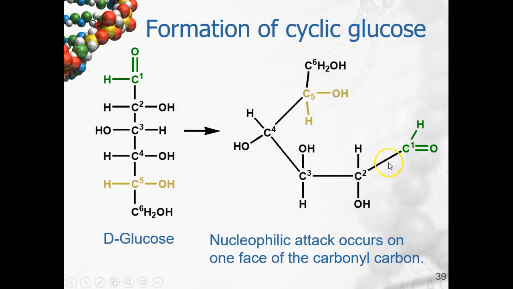So here's carbon number 1, 2, 3, 4, and 5. And what happens next is there will be nucleophilic attack of the OH group on carbon number 5. So the bond is going to form between this oxygen right here and that carbon right there, and that's going to close the ring.